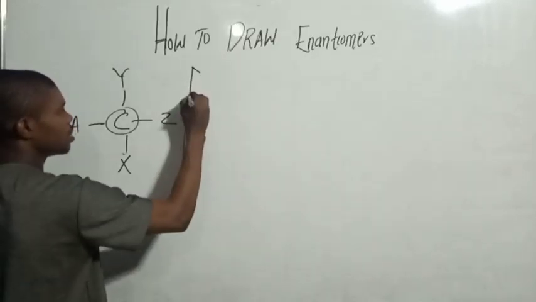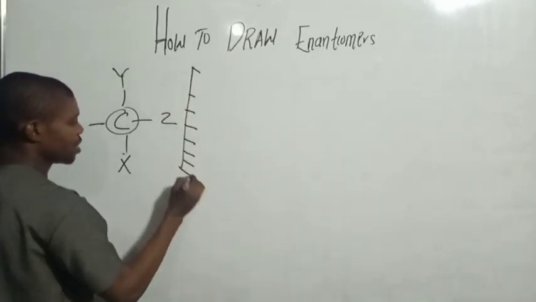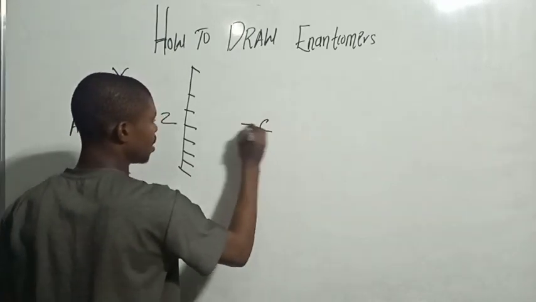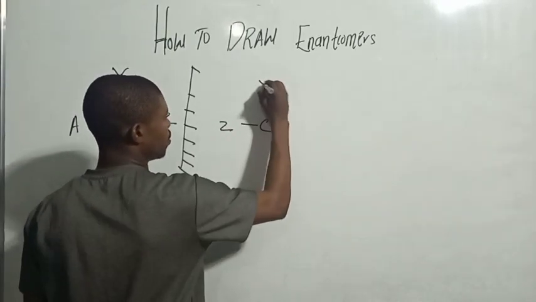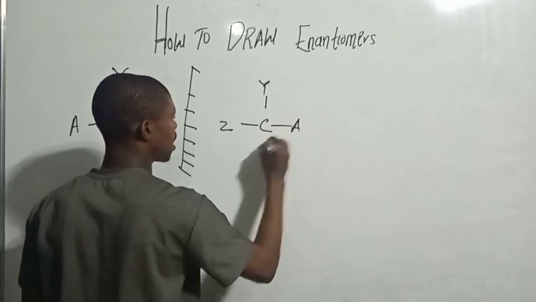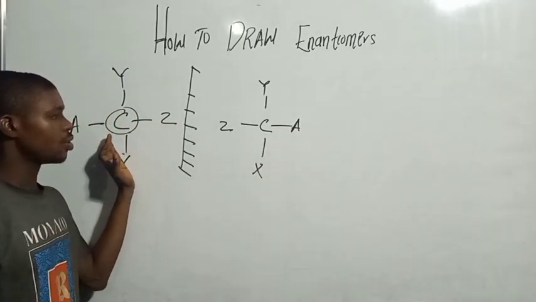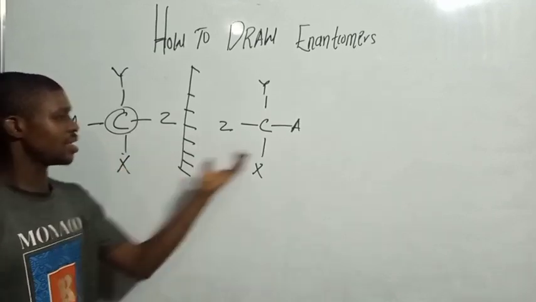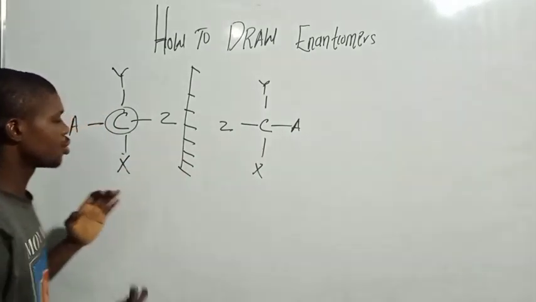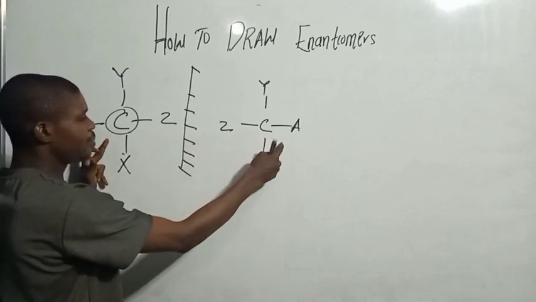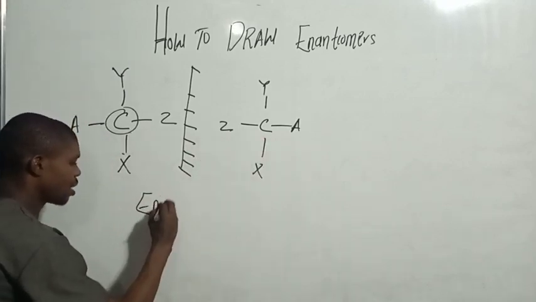Now, if I decide to put a mirror here, let me draw the mirror image of this molecule. We have a carbon here, Z, Y, A, and X. This is the chiral molecule, and this is the mirror image. So a chiral molecule and its mirror image are called enantiomers.